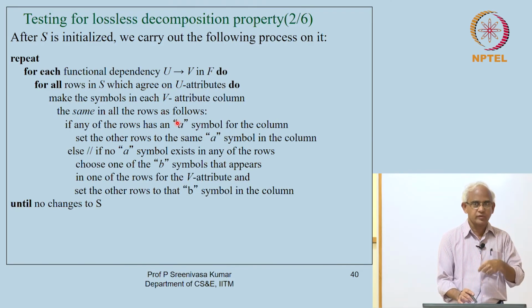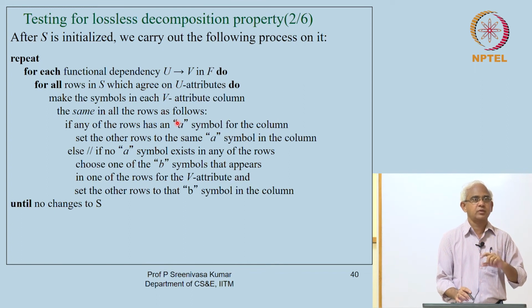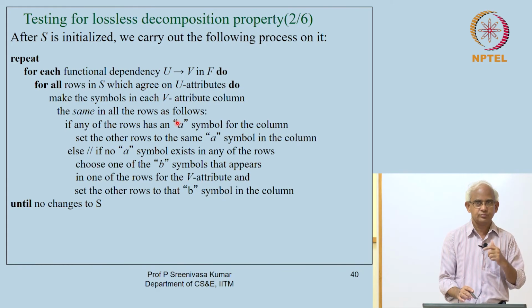In that column we look at all the rows. If any of the rows has an A symbol, we give priority to the A symbols and put that A symbol in all the rows of that column. That will make it the same.